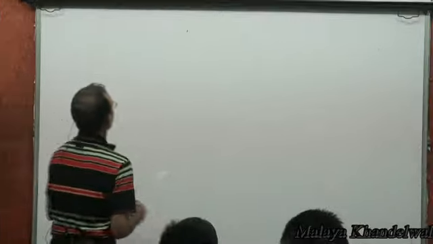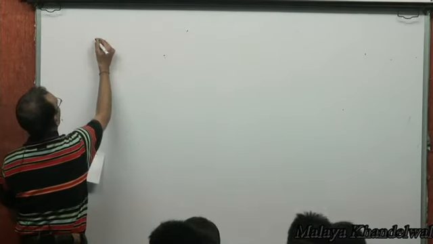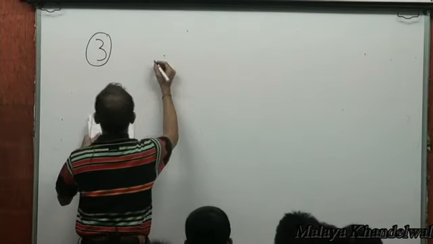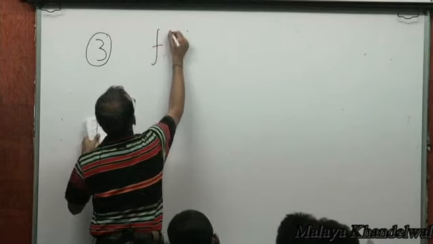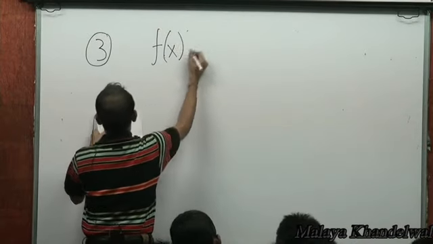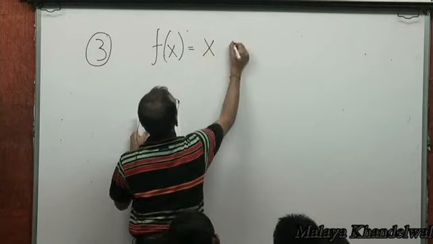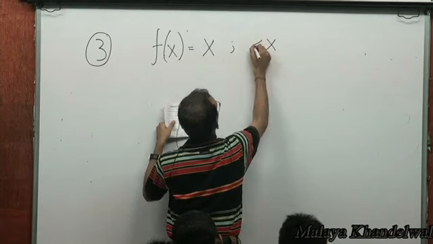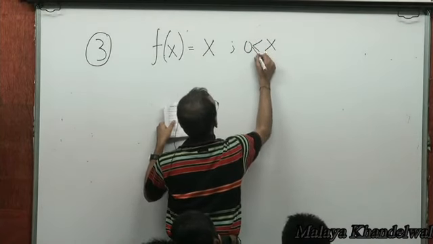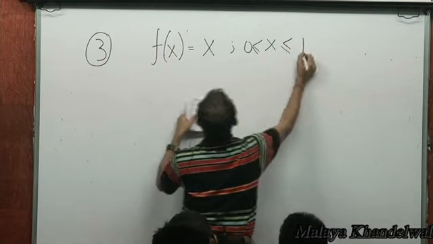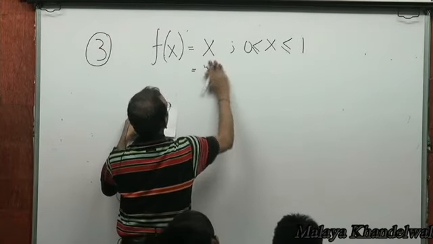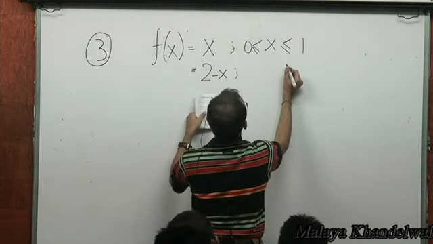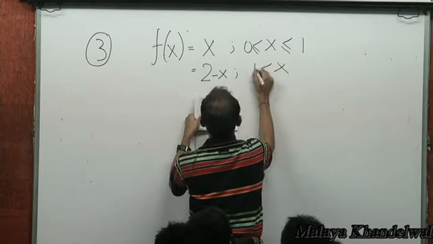Okay. Let's look at the third problem, which is about another kind of transformation. Problem 3. Where we have f(x) given to be x when x is greater than or equal to 0, less than or equal to 1, and 2 minus x when x is greater than 1, less than or equal to 2.